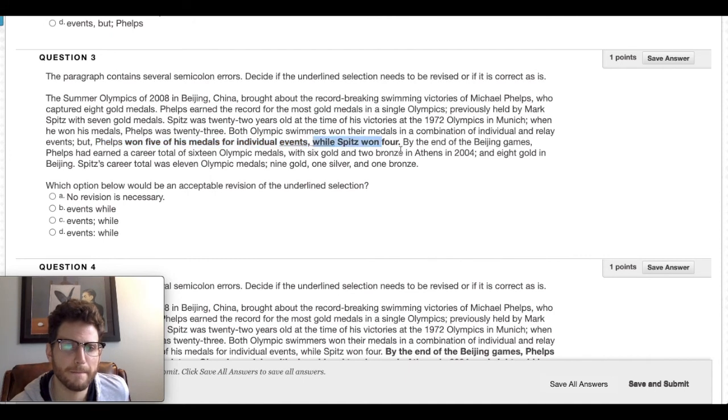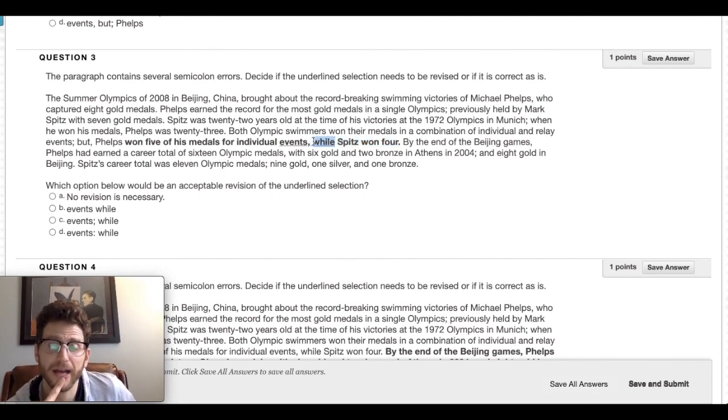What about here? While Spitz won 4. Do I have an independent clause? Well, I have a subject, I have a verb, I have the number of medals. So far, so good. Can this whole thing stand on its own? Nope. Why not? What does this begin with?